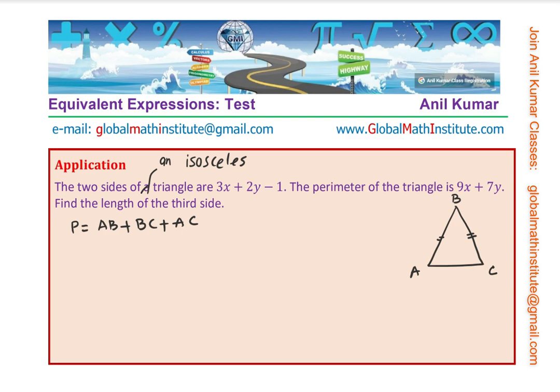Now we are given two sides. So we are given that AB is equal to, let's say, BC, and both of them are 3x plus 2y minus 1. That is given to us. Plus, we are also given that the perimeter is 9x plus 7y, correct?